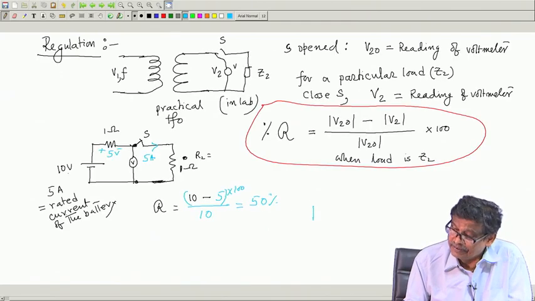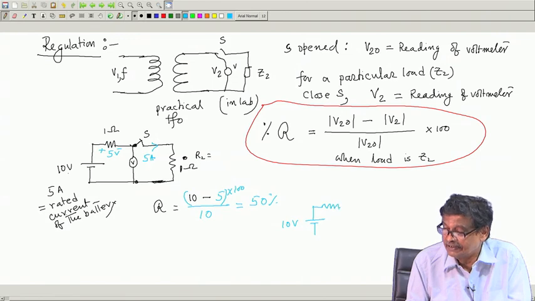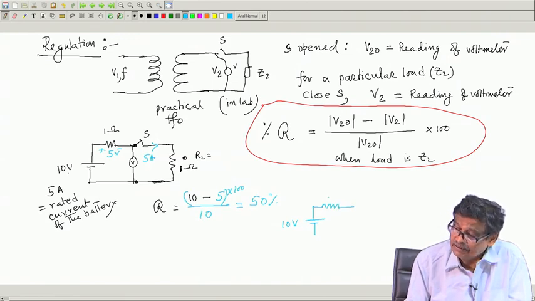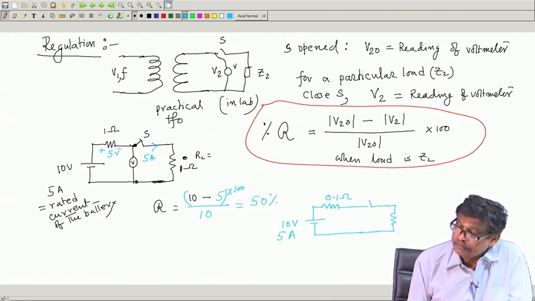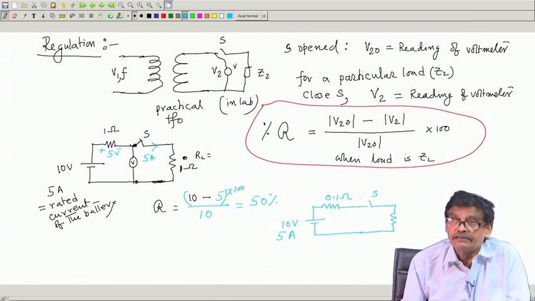you take the same battery, another battery, suppose there is another battery which has got internal resistance say 0.1 ohm. Are you getting? And here I will connect load, same battery can supply 5 ampere current, internal resistance is small.